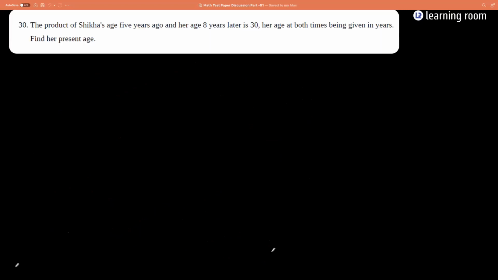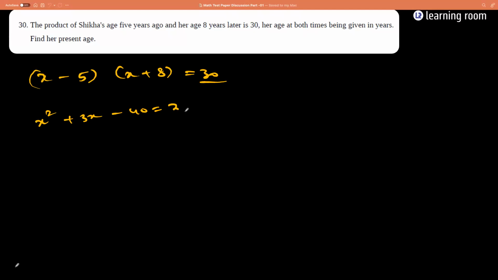The product of Shika's age 5 years ago and her age 8 years later is 30. So x minus 5 and x plus 8 is 30. Both times being given in years, find the present age. So x square plus 3x minus 40 is equal to 30.